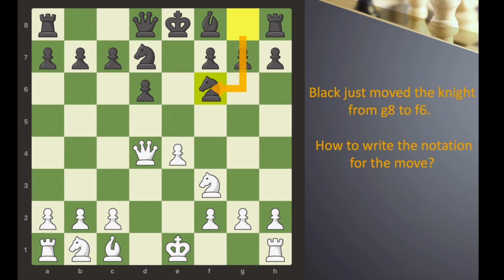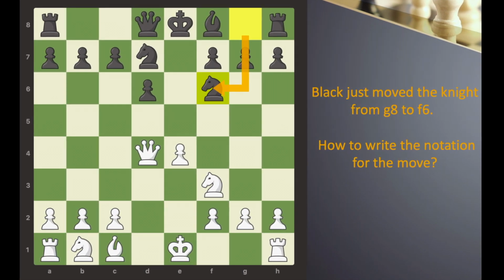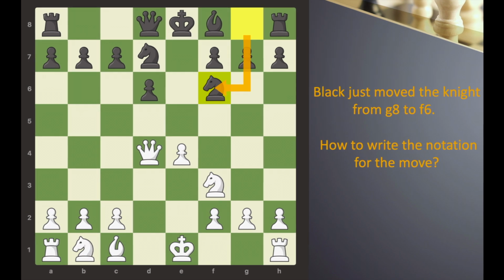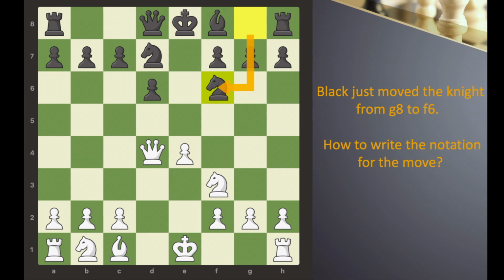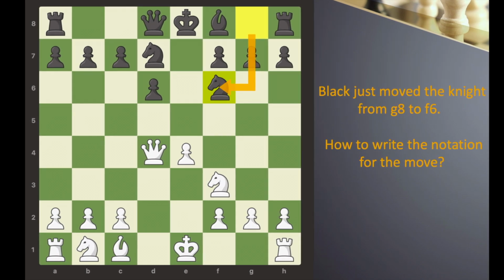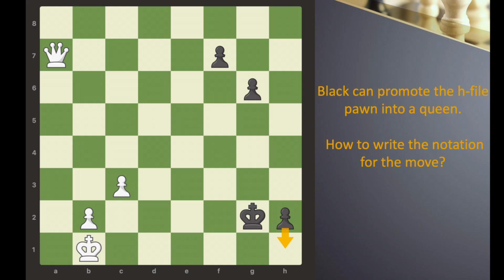In this example, black just moved the knight from g8 to f6. However, the knight from d7 could have also moved to f6. In this case, what's the correct way to write the notation? Next, black can promote the h-file pawn into a queen.